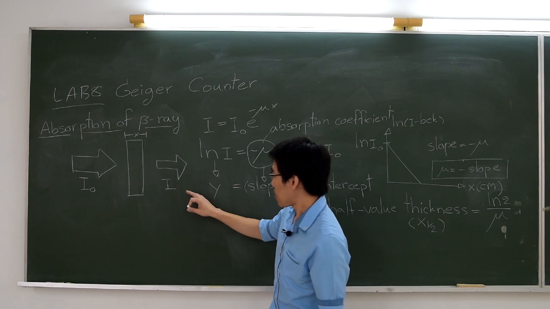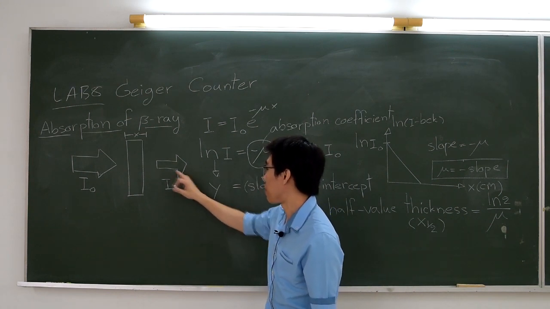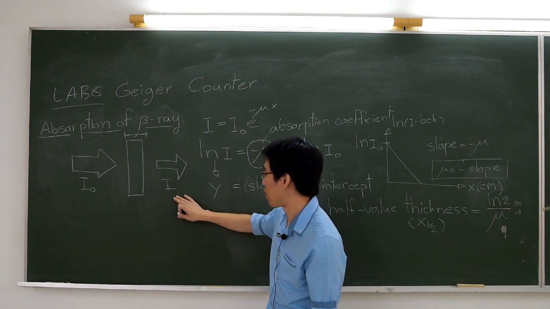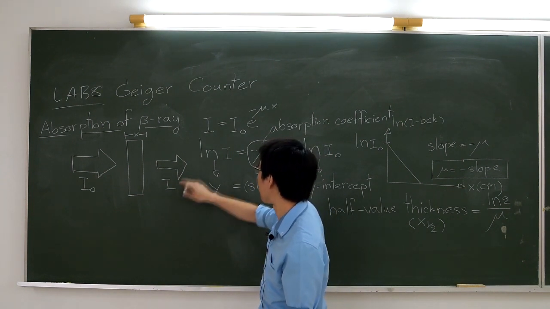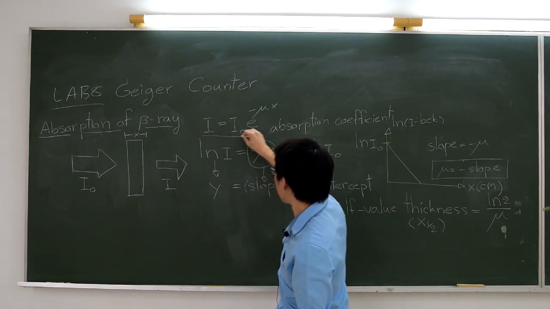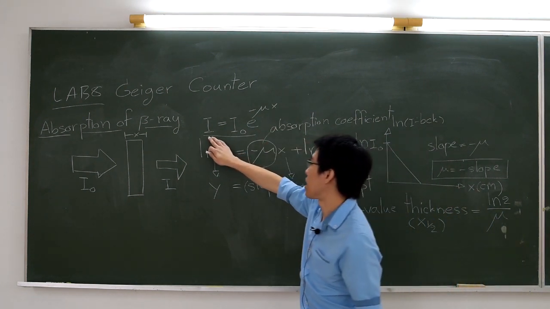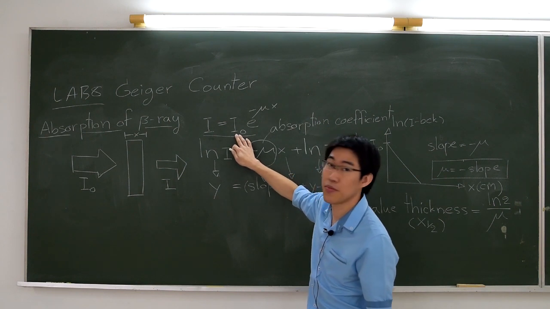So we can calculate the attenuation by using Beer-Lambert's law, which is I equal to I0 times e to the power of minus mu x.